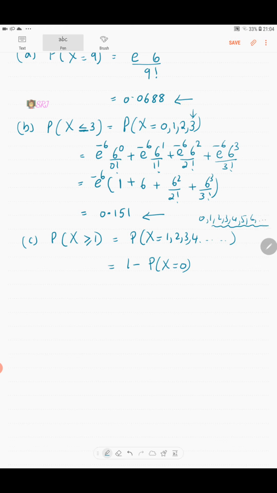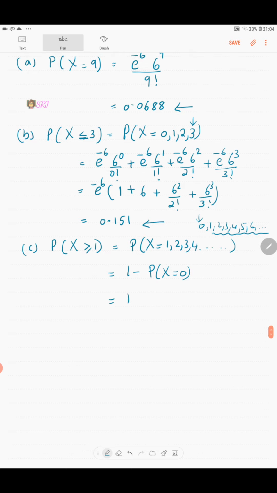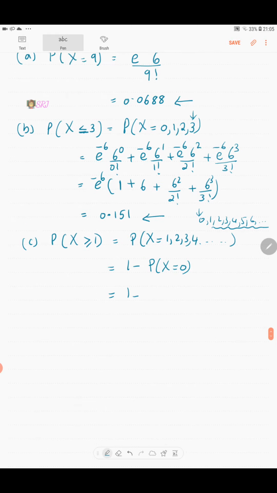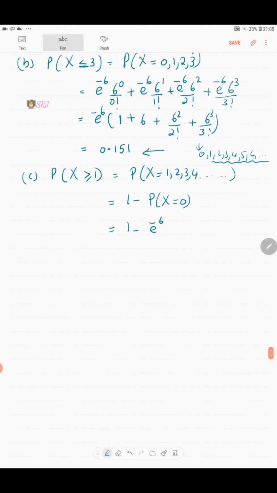So instead we just take 1 minus probability X is equal to 0, which is 1 minus e power minus 6. Probability X is equal to 0 is just e power minus lambda. So here it is e power minus 6, and we obtain 0.998.